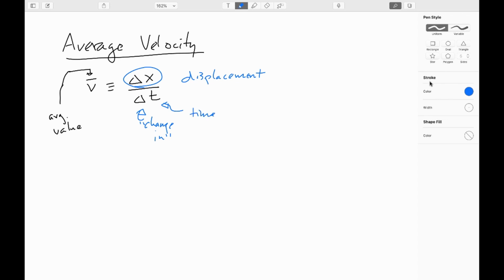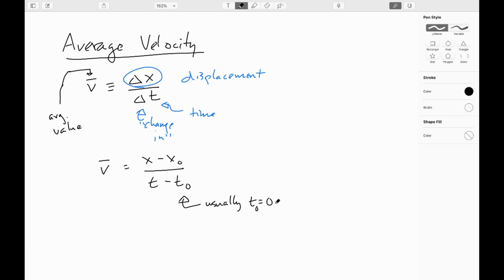So another way that we could write the average velocity is we could expand it out, and say that v bar is my final position minus my initial position over my final time minus my initial time. And I would say 99 and 44/100ths% of the time that you attack these problems, usually t0 will be equal to 0.